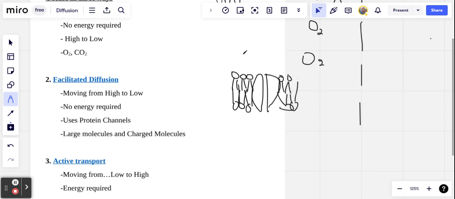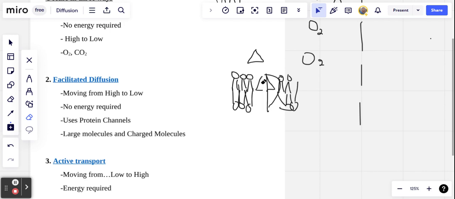Okay, so you might have something that needs to get across here, and we'll just make it like a big triangle thing, right? And it needs to get through here. It's not able to get through this little bilayer here, it's just too big. So this little thing may have a shape to it. It may look like this, for the triangle substance to fit in there, right?